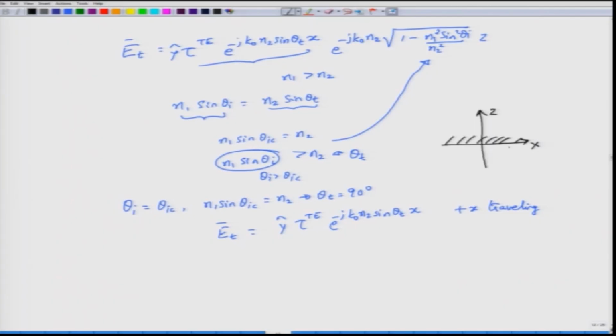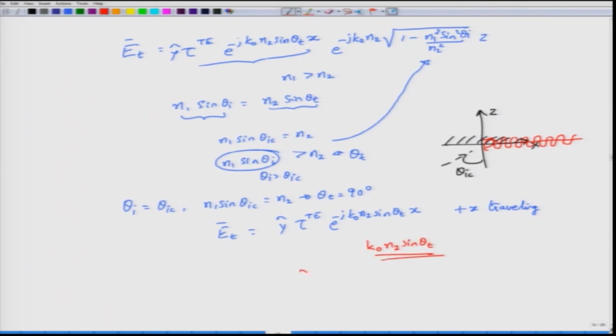So, what we have is that when the incident angle happens to be exactly equal to the critical angle, the wave that we now have is actually an x propagating wave. So, this is a wave which is propagating along the x axis, very interesting, right. The corresponding k vector along the x direction is given by k0 n2 sin theta t.